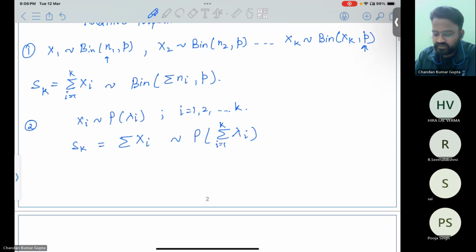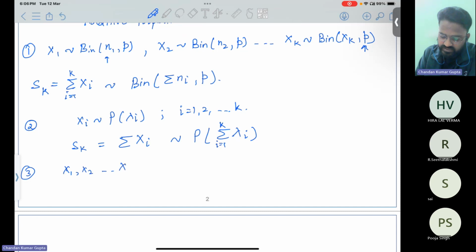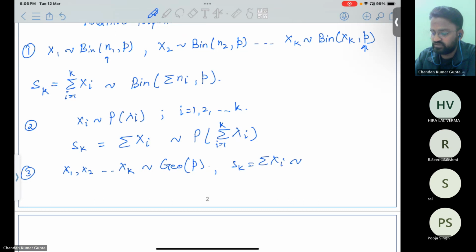And we have the geometric distribution as well. Like X1 up to Xk follow geometric(p). Then Sk, which is the summation of Xi, follows... can anyone tell me which distribution? Because the geometric distribution has only one parameter. So is it geometric or something else?